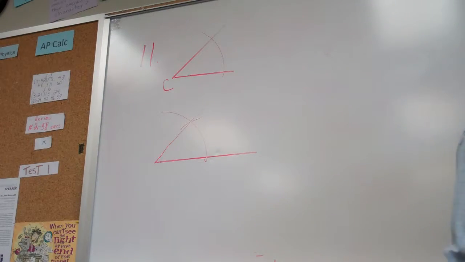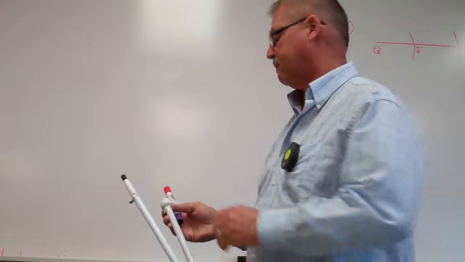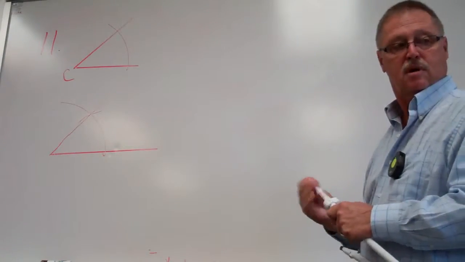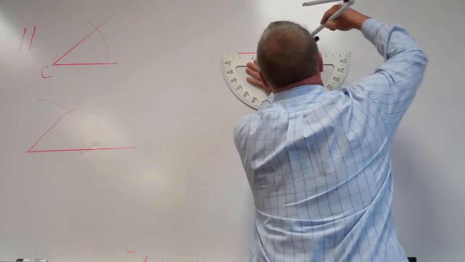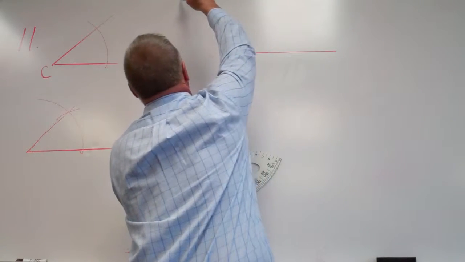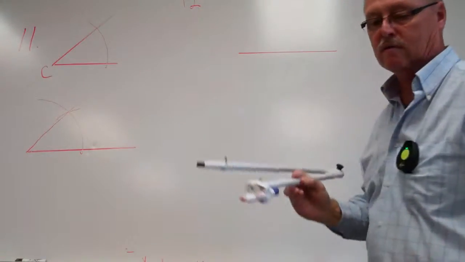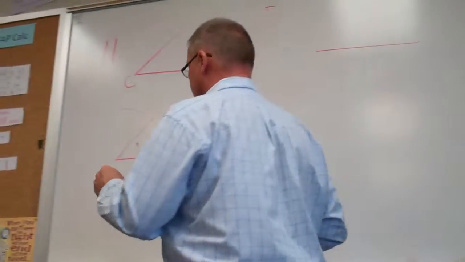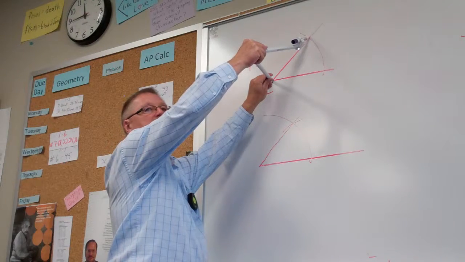Number 12. Number 12 says that you have to make angle F twice as big as C. Just draw a line to build it on. Go get this same arc that you had earlier.